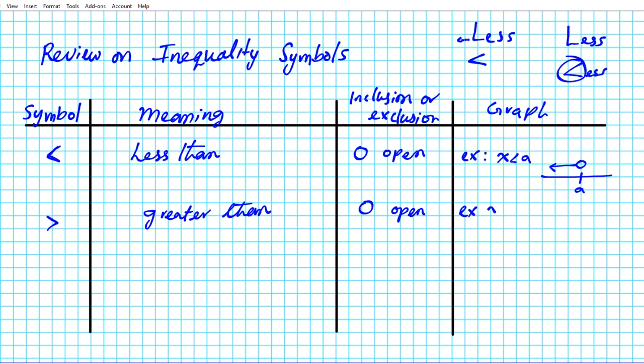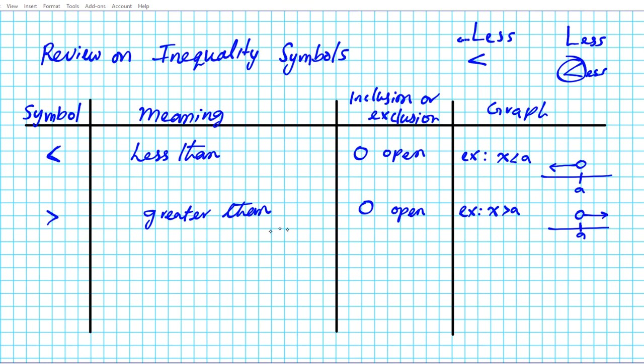An example of what that looks like, x is greater than a, so you have a on the number line. You have an open circle, and everything to the right, or greater than a, is what x greater than a means. Now just a tip to keep in mind: if the variable is on the left, the direction of the inequality can tell you where your arrow points. Just make sure that the variable is on the left side first.